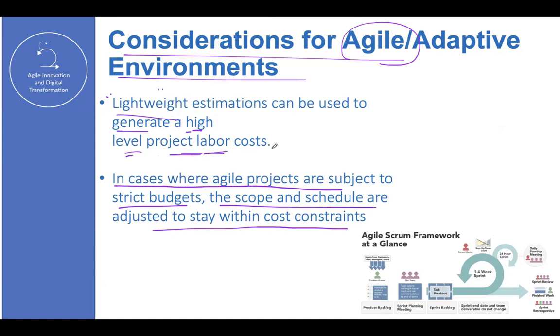That is agility. Everything is easier than predictive. If you have any problem with the budget, then you need to adjust the scope and the time, just to be in accordance with the available monies that we have. So that's it. Agility is very high level.